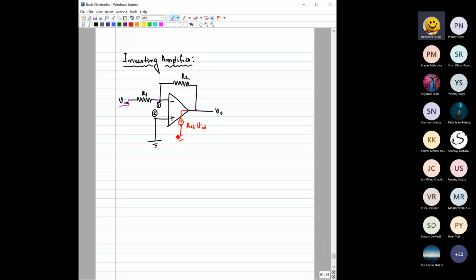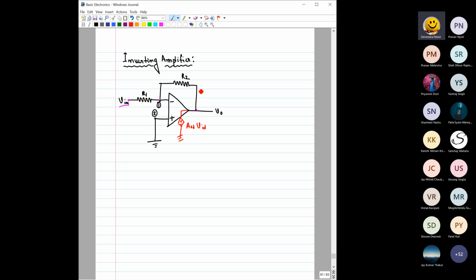Remember that this AOD is the open loop gain of the amplifier, not the closed loop gain. But now it is a closed loop system, and we have to find the closed loop gain of this particular circuit. So always remember these two differences, open loop gain and closed loop gain.